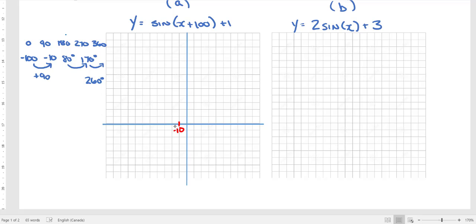It really doesn't matter how many spaces, as long as every 90 degrees you have the same amount of squares that you're using. So let's go every 4. Go 1, 2, 3, 4. I'll put a dot back here and call this negative 100. Okay, so I'm going to move forward 4, 1, 2, 3, 4, and I'll call this 80, and then 1, 2, 3, 4, and I'm going to call this 170.